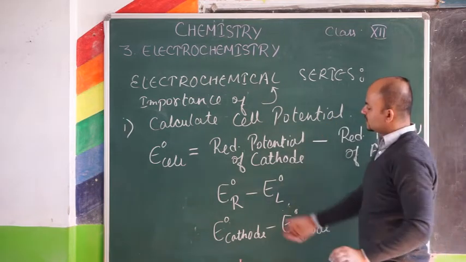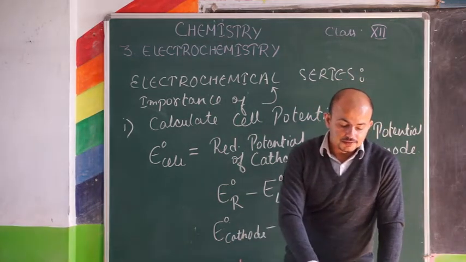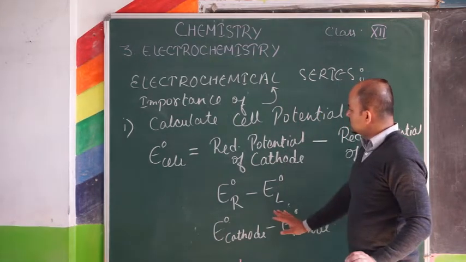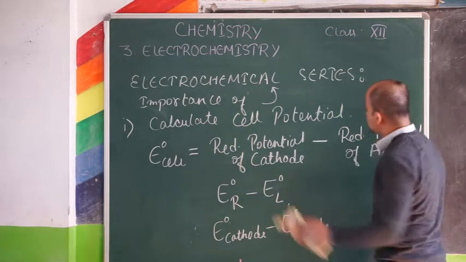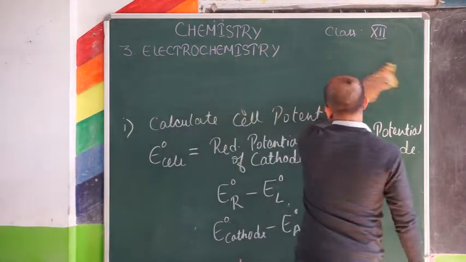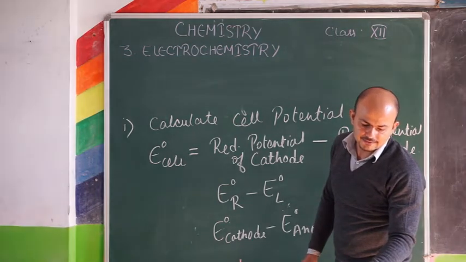So don't get confused. Like for zinc and silver, let's use those values. Let's calculate this for zinc and silver. It's given in the example: calculate the EMF of a cell in which the following reaction takes place.